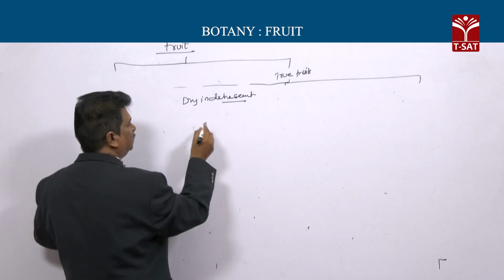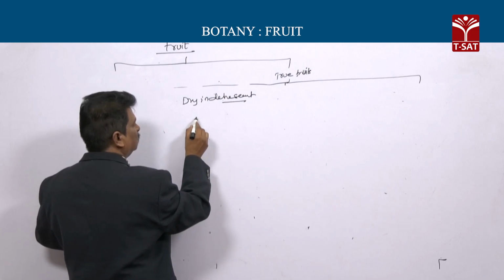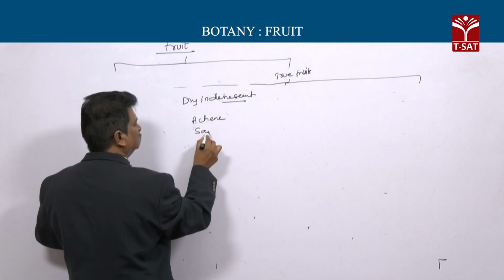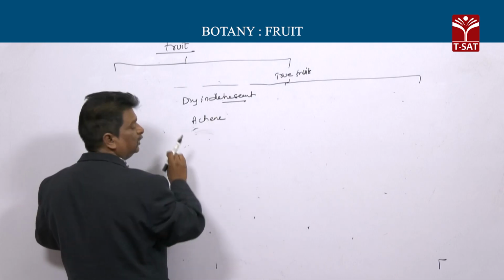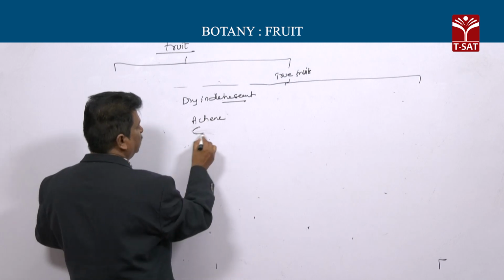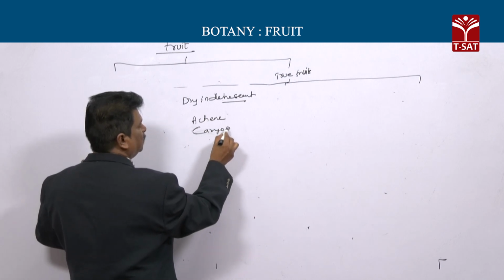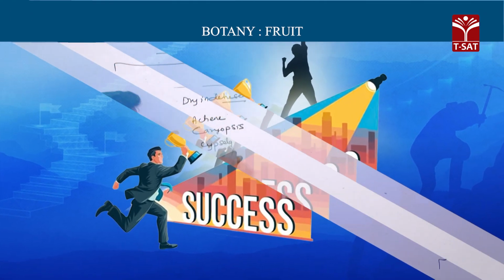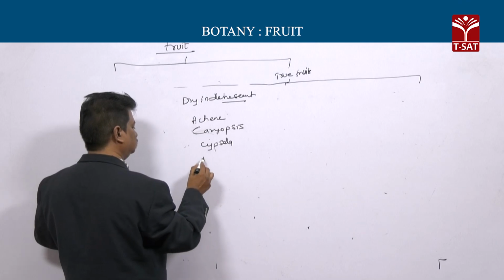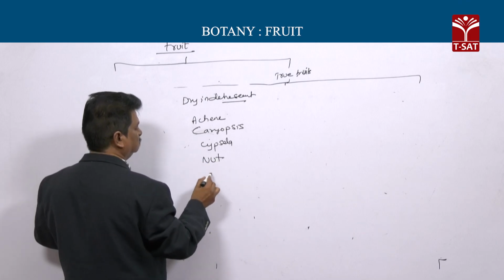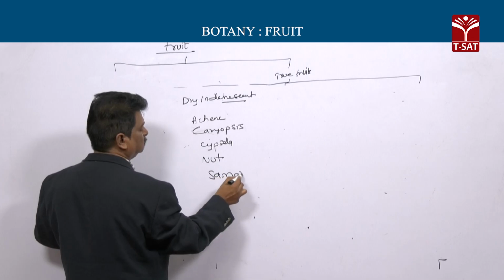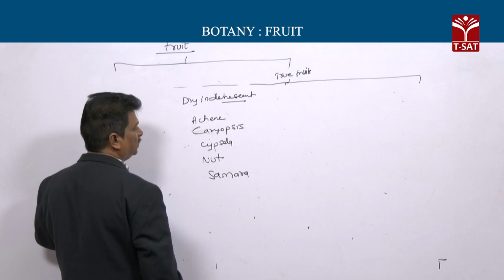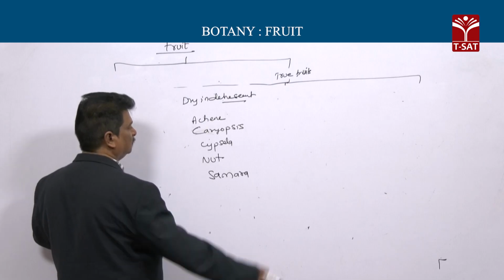Then types of dry indehiscent. One is achene, then caryopsis, then cypsela, nut, and samara. These are dry indehiscent fruits.